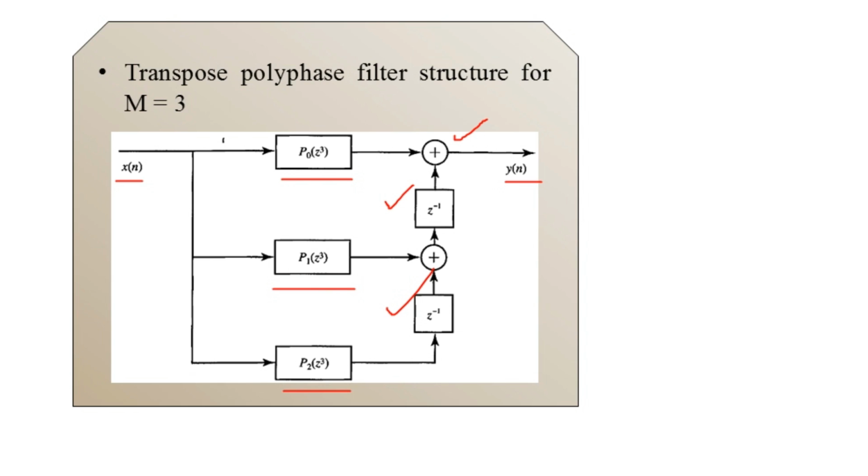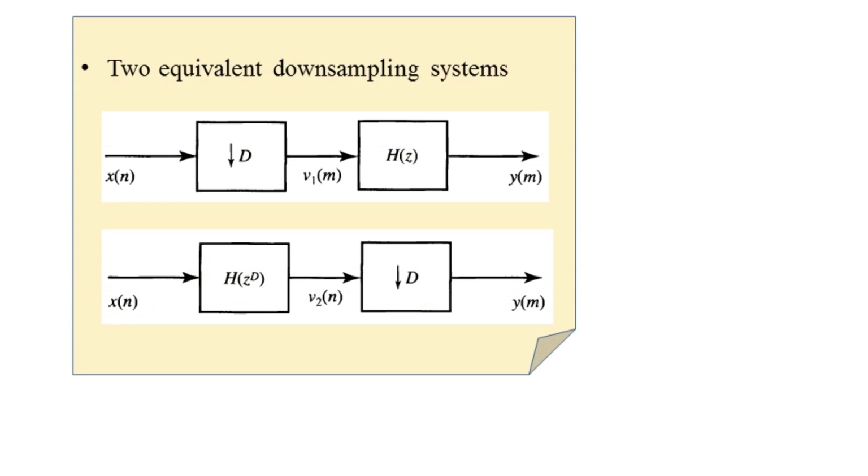Now we know the equivalent downsampling systems in two ways. So I just provide you the visualization of the equivalent systems here. Here you see inputs x of n on the left hand side, whereas the output is y of m. In the first type of system, the decimation factor is first of all used, and after the decimation is carried out, we have the filter function H of z.